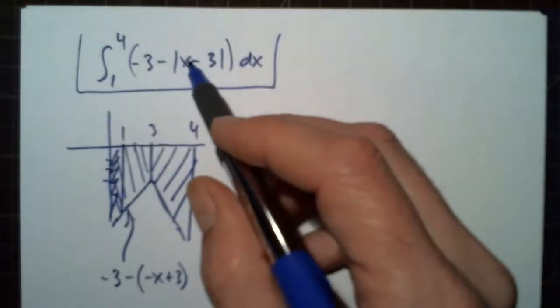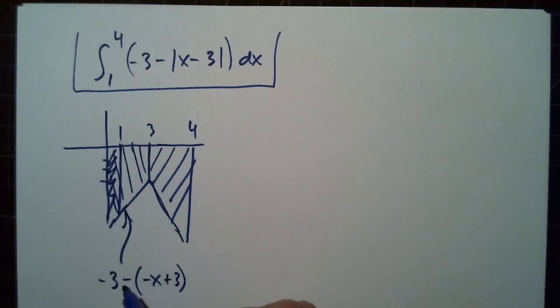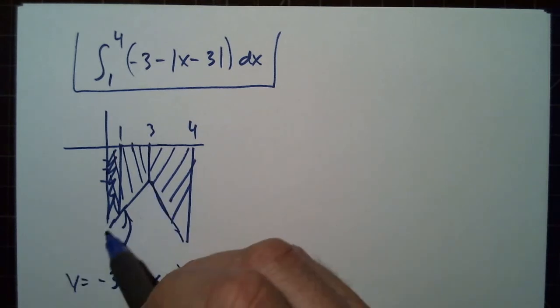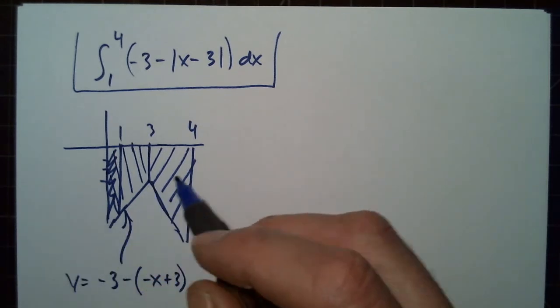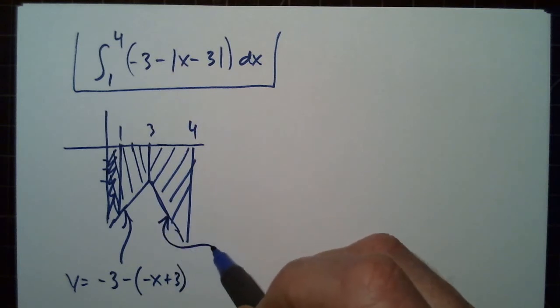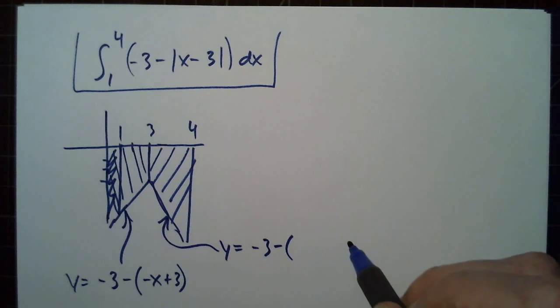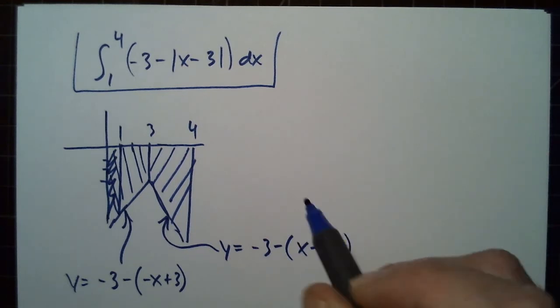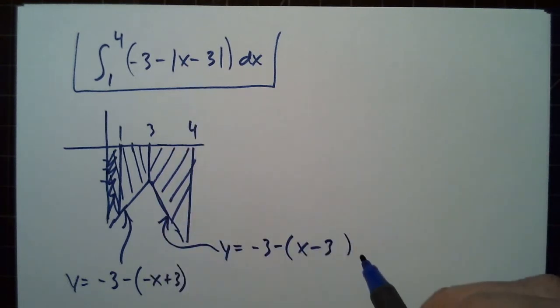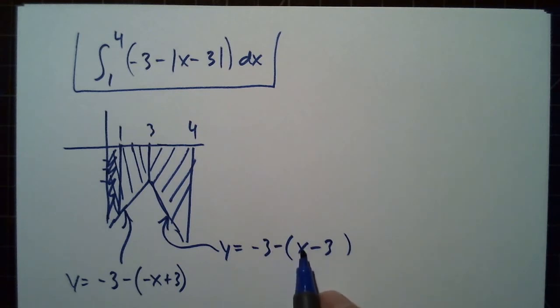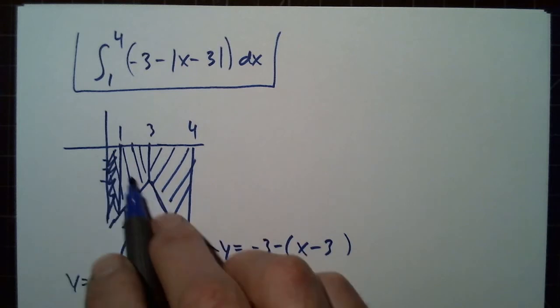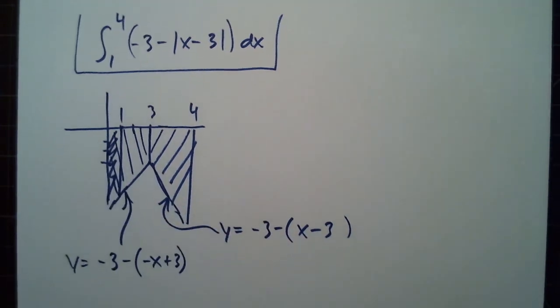And just to make sure we're getting that right, if you distribute that, then this equation matches that line because it has a positive slope. Then this one is going to be negative 3 minus, and we're going to use the original function in there. This has a negative slope, and it has a y-intercept of 0, which looks reasonable there in the graph.